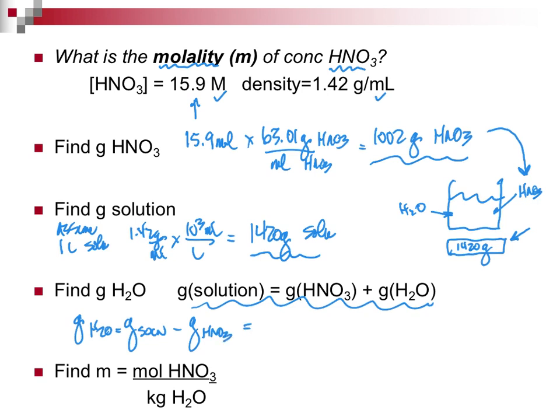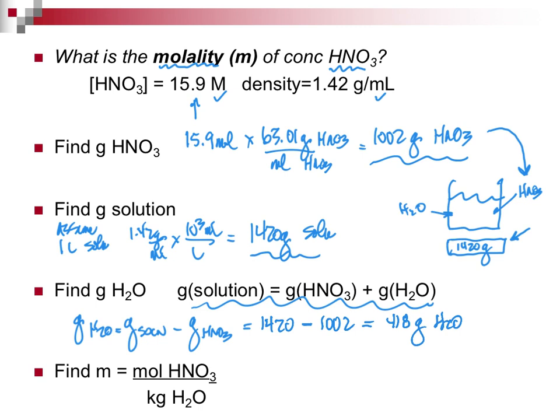And putting in the numbers, I have 1420 grams of solution. I have 1002 grams of HNO3, and that will give me a grand total of 418 grams of water.